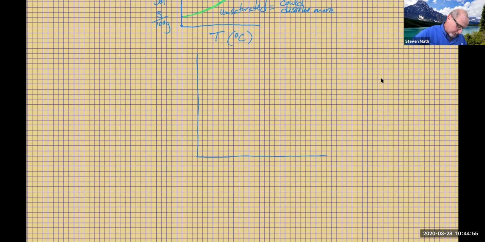And so this time, I'm going to make my graph look like that. And we're going to have solubility over here, and we're going to have temperature over here, degrees Celsius, grams per 100 grams.